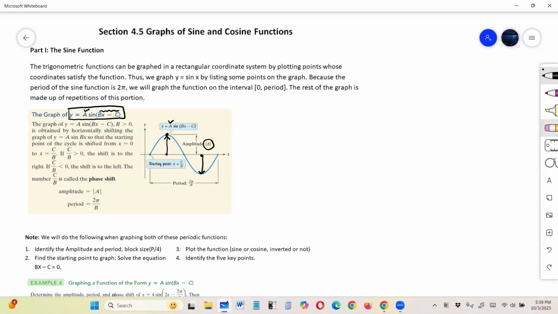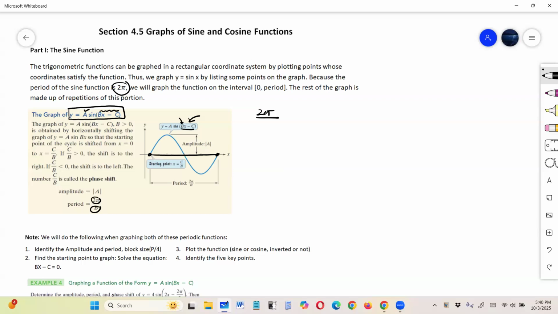Okay, the period is the distance from the beginning of the function to the end before it begins to repeat itself. So for the standard sine and cosine, the period is 2 pi. For the type of function that we are going to be graphing, which has the format bx minus c, the period is going to be 2 pi divided by the value of b, this b right here.